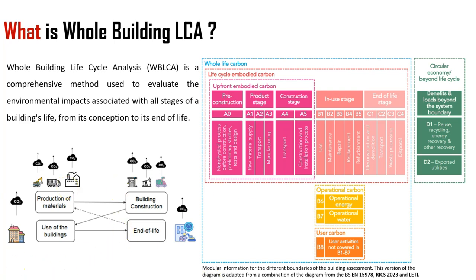So since we cannot change the upfront embodied carbon once the construction is completed, we then move into the use phase so that we can try to cut down some embodied carbon which is associated with various activities such as usage, maintenance, repair, replacement, or refurbishments.